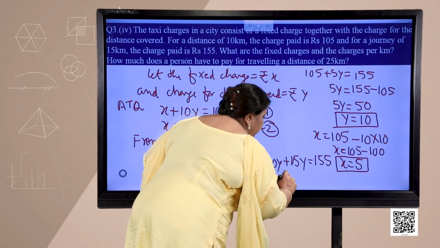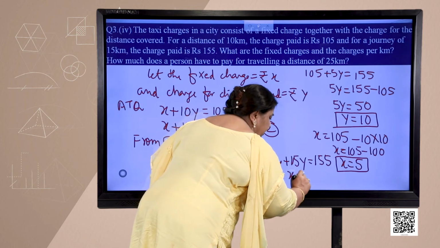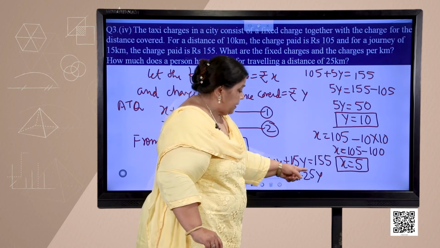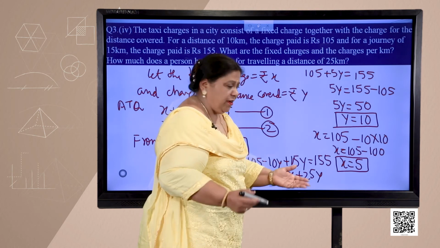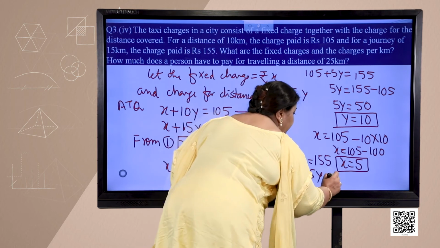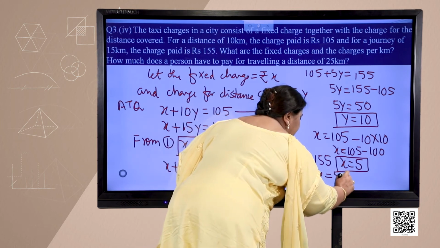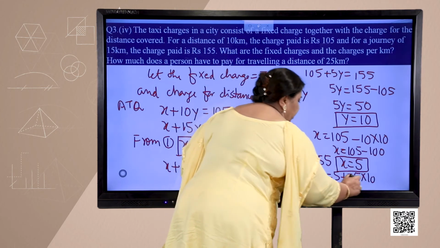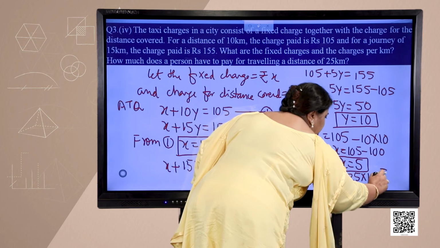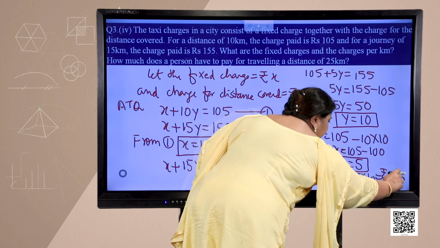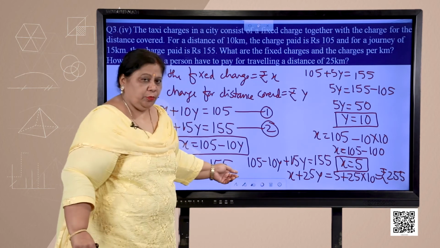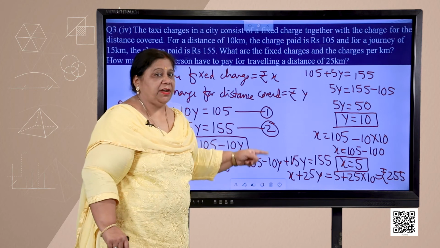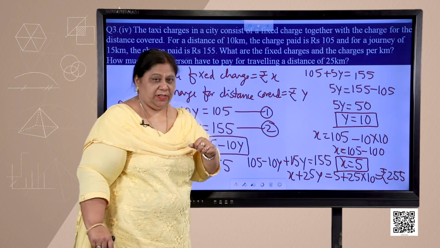That means, I need to find x plus 25y, that is fixed charges plus the charges to be paid for 25 kilometers. So, it is 5 plus 25 into 10. So, it is 250 plus 5, that gives me 255. I hope you have understood this. The person has to pay 255 rupees for travelling a distance of 25 kilometers.